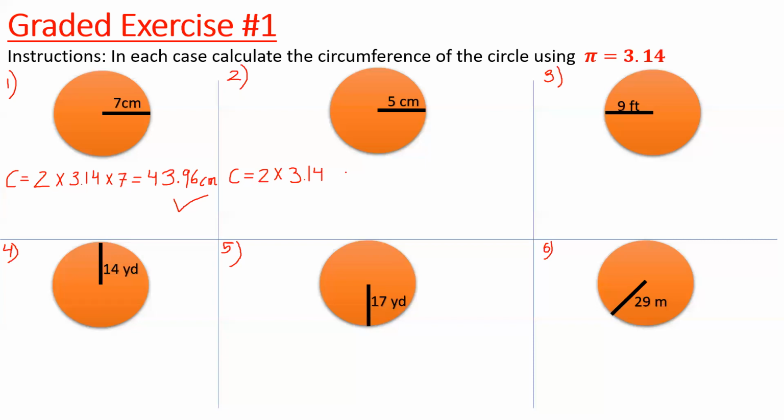And what do we have for the answer? I got 31.4. 31.40. So we multiply by 5? Yeah, 31.40. That's correct. 31.4.